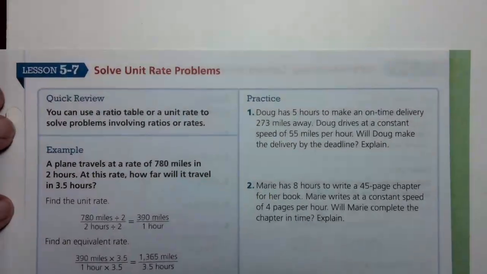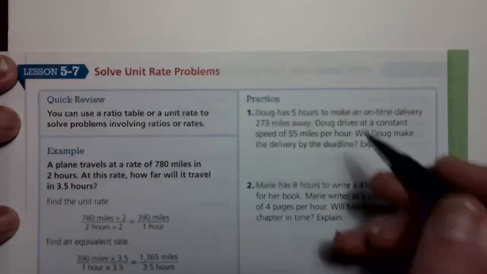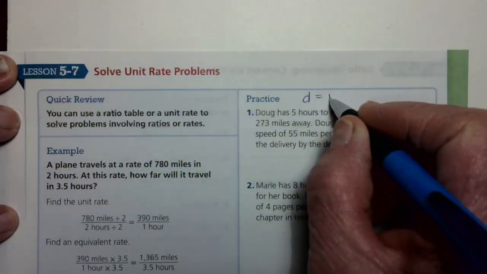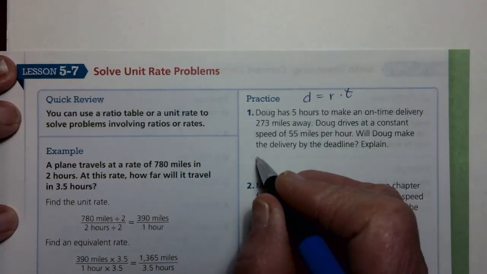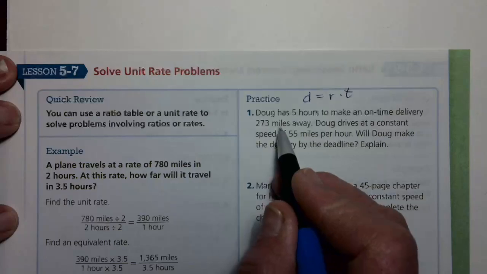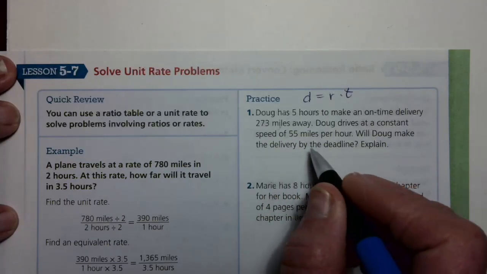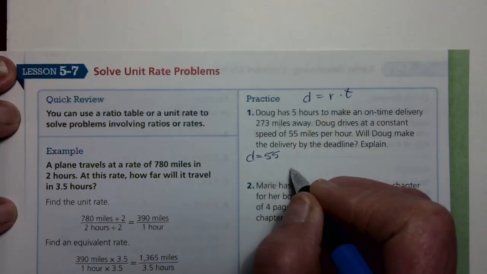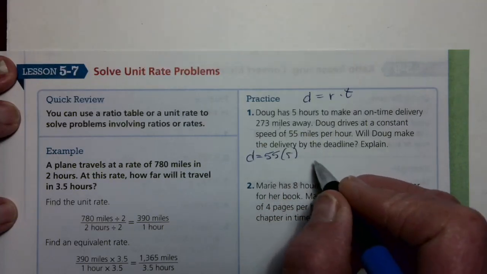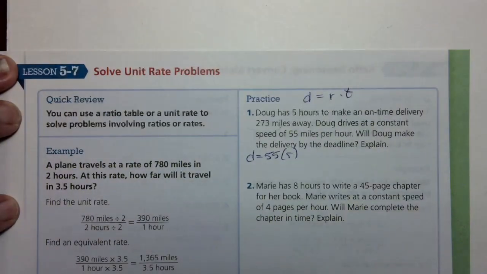He has 5 hours. We can do this a couple of different ways, but remember that distance equals rate times time. So I'm going to leave the 273 out for just a minute. I'm going to take his rate, which is 55 miles per hour, and multiply it by 5 and see how far he's going to get.